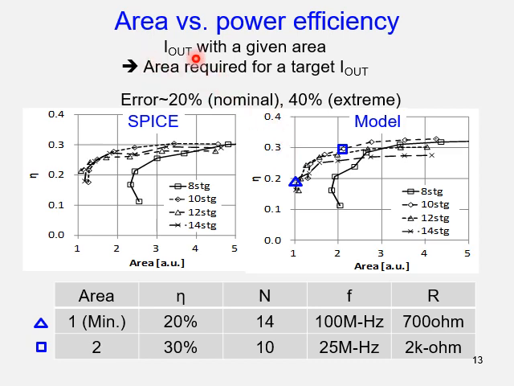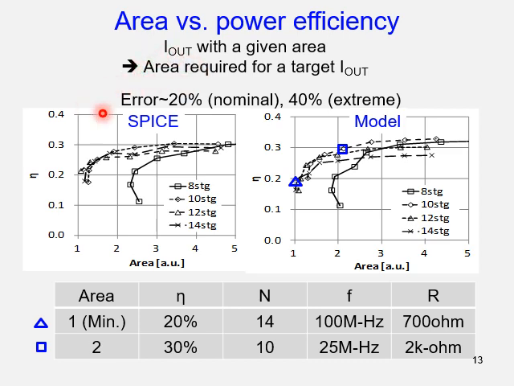Then, the previous slide shows the eta versus I out. However, I out itself should be the specification of a circuit. Therefore, to get the target I out, you have to estimate the area.